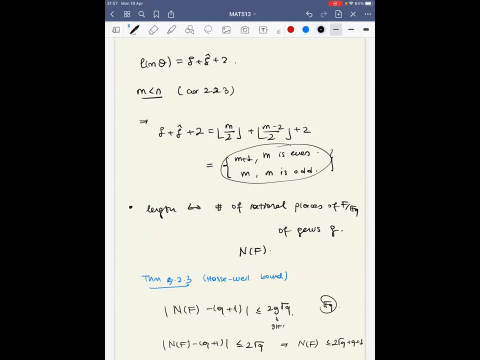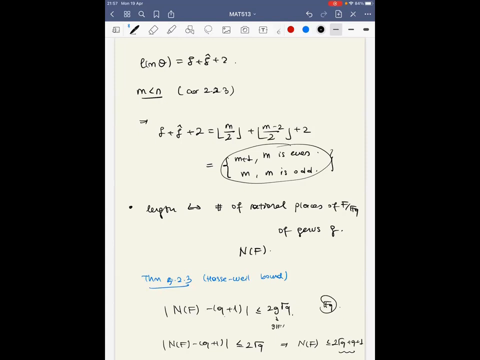And indeed, to be able to construct a linear code of a long length, we need to consider the maximal cases. Indeed, we want to compute the number of the rational places exactly.